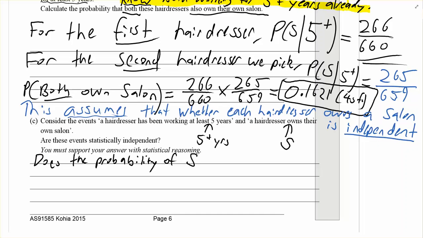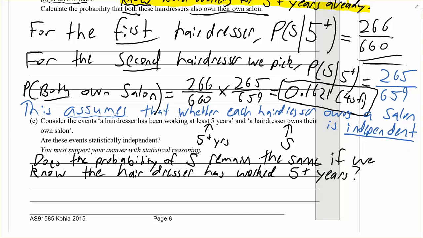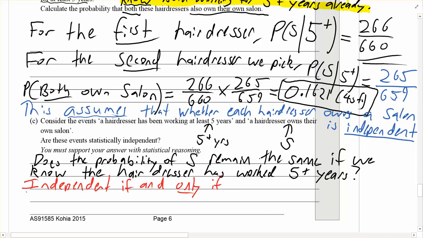Well, the way to know is, does the probability of S remain the same if we know someone's been working 5+ years? So they are independent if and only if the probability of S, owning your own salon, is the same as the probability of S given 5+ years.